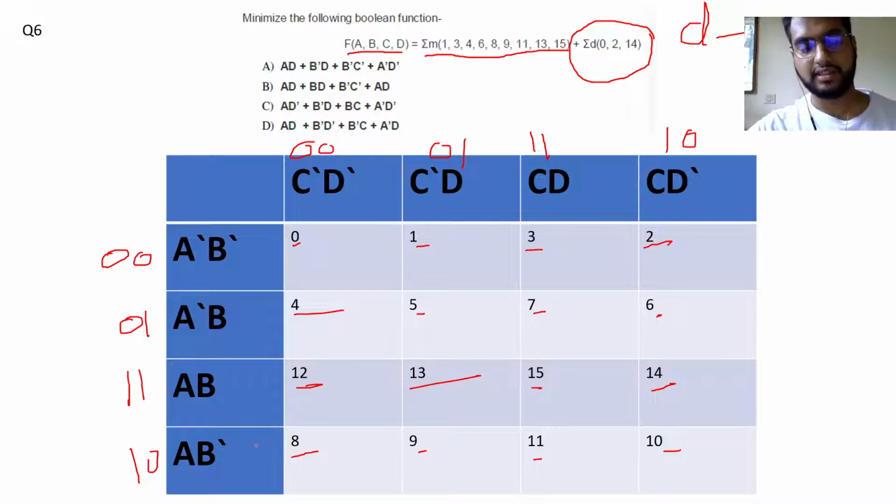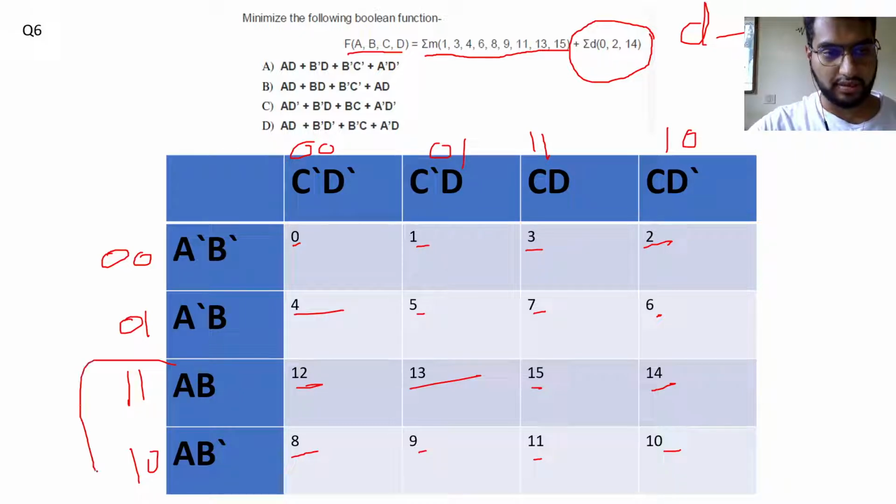The reason I am repeating this again and again is because I have seen in my experience that people in a hurry mess this up. So that's why I'm making this template and showing it again and again, so that you won't make any mistakes in your examinations or while solving the problems.